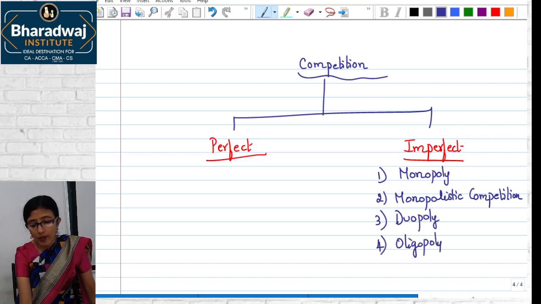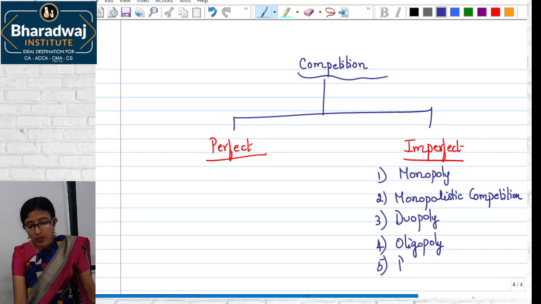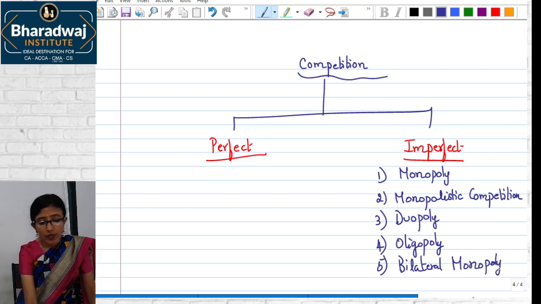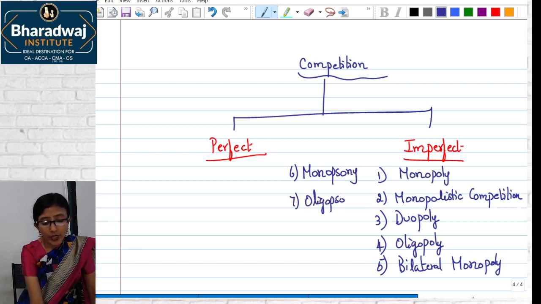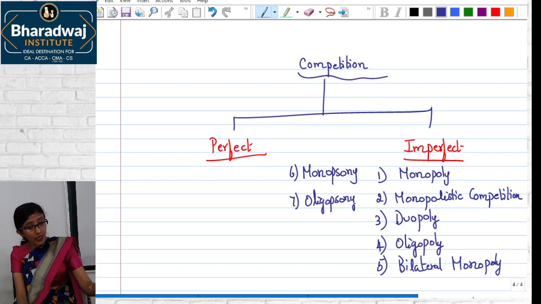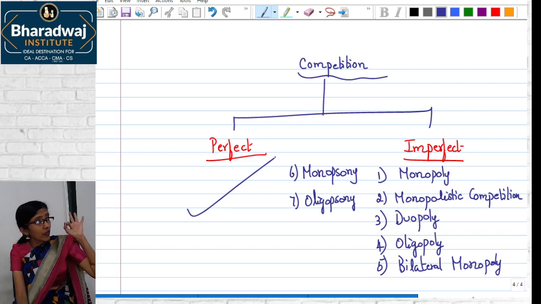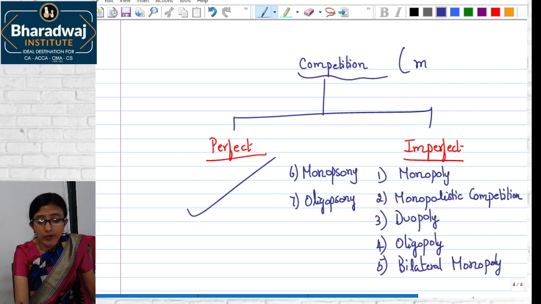Oligopoly, bilateral monopoly, monopsony, oligopsony. So my dear students, in segment A itself, general classification and competition based classification of various market forms needs thorough preparation. That is a direct question, so kindly do not miss it.